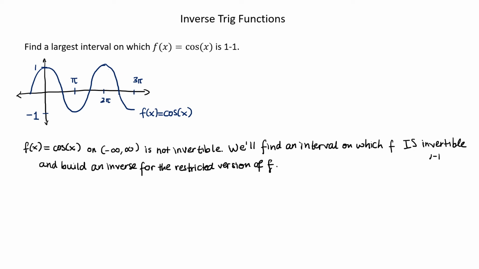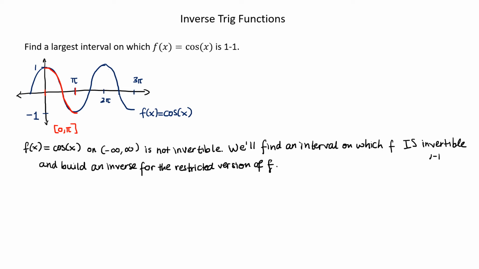However, if we looked at the interval from 0 to pi, we see that every horizontal line is going to cross this interval either 0 or 1 times. So we are one-to-one on this domain.